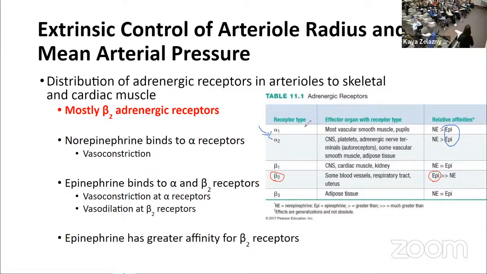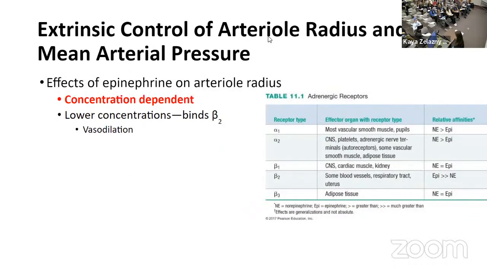So that's where we have to think a little critically, and we're going to see that the effects of epinephrine in your body are going to be concentration dependent. So they're going to depend on how much epinephrine is in your body. So epinephrine prefers beta-2 receptors, but it can bind to our alpha receptors. Okay. So this means that the effects of epinephrine are going to be concentration dependent.